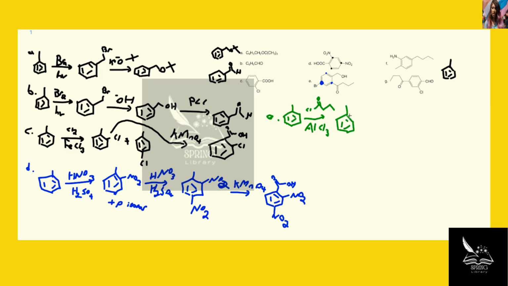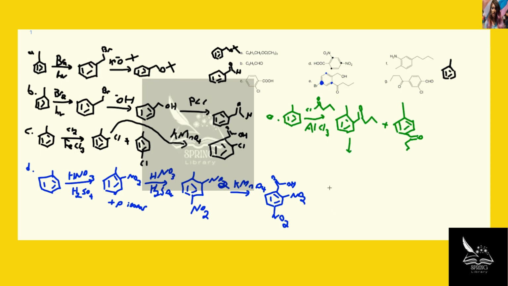And I will get two isomers, one the ortho and one the para. And then we'll move forward with this ortho substitute.